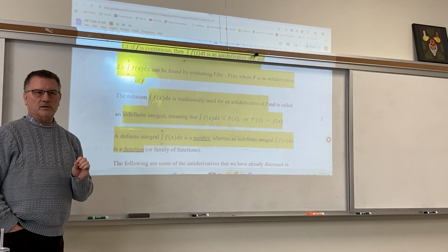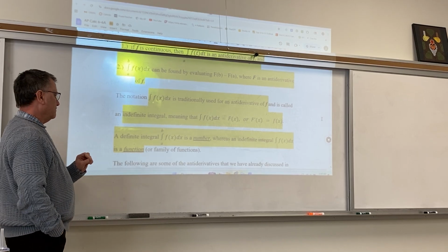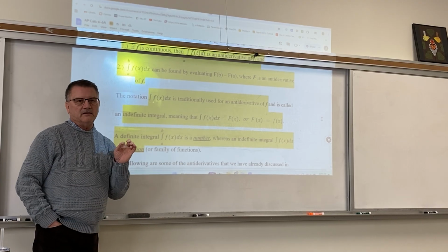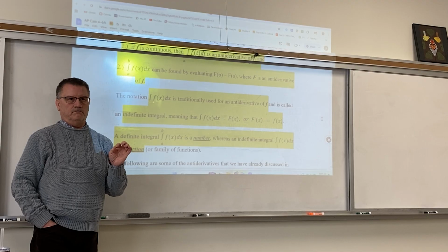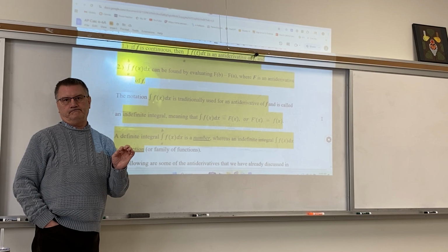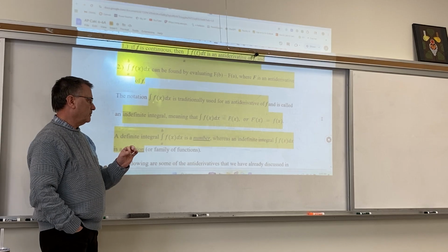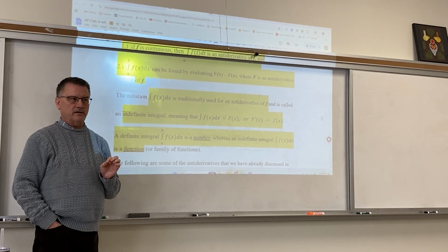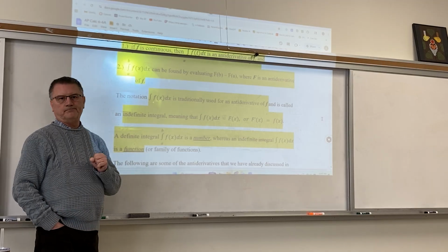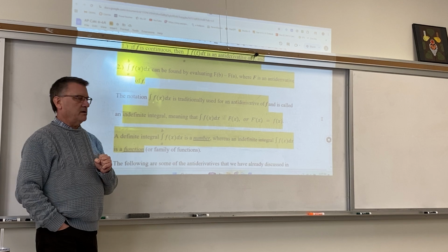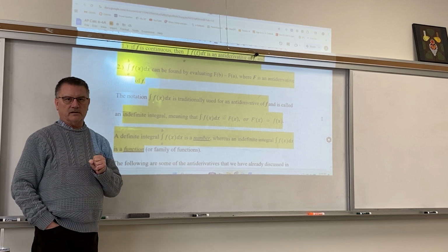Here's the thing you have to remember most about today. A definite integral with a lower bound, upper bound gives you a numerical value. It's like the square root of 9. It'll give you something. An indefinite integral is not a numerical value. It is a function. We cannot plug anything into it and get a definite answer.